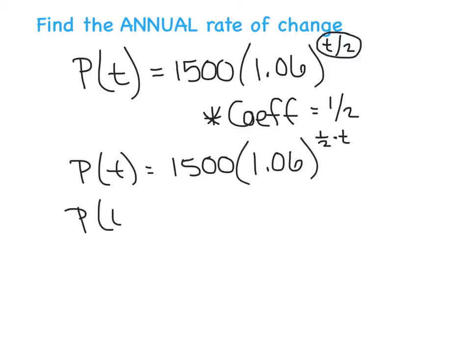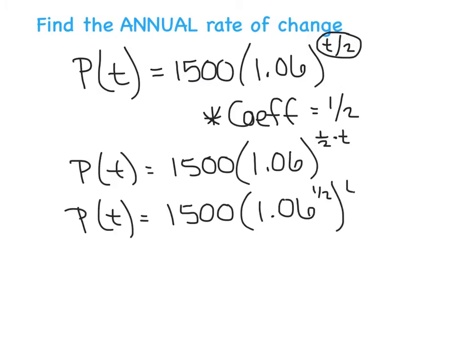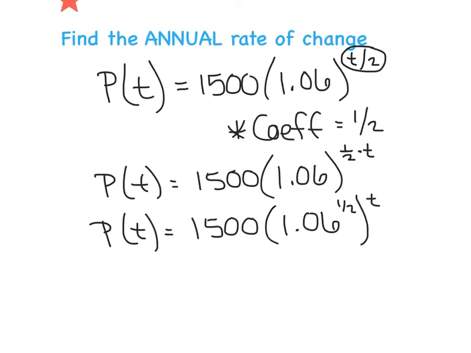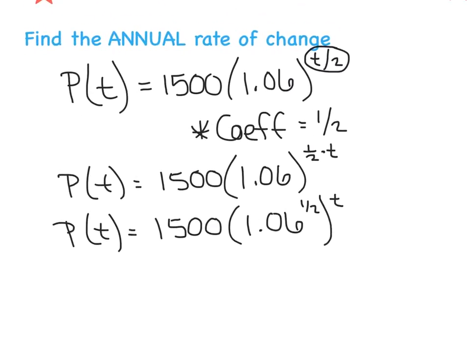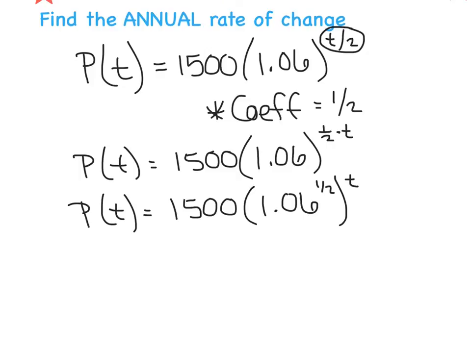Now, what I'm going to do is basically undo this exponent property that we practiced on the previous slides, where I'm going to say 1.06 raised to the 1/2 raised to the t power. You remember how in the last slide we were stressing that we were going to multiply these exponents right here. And so I'm kind of working backwards compared to what I normally do.